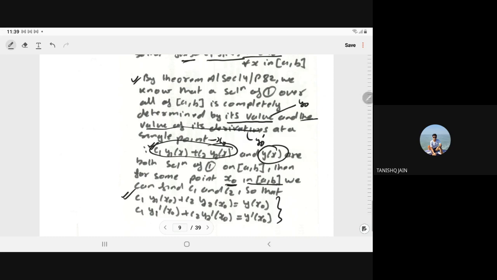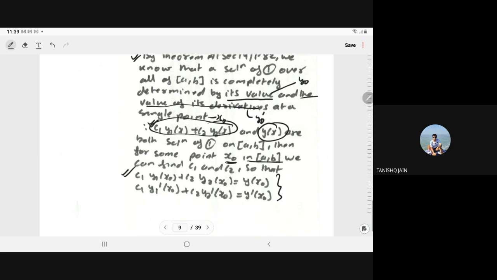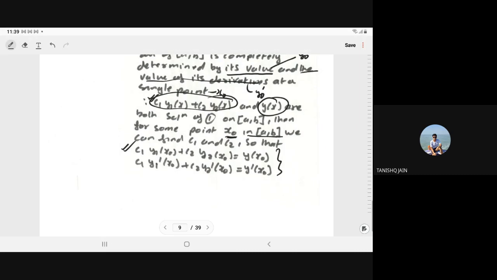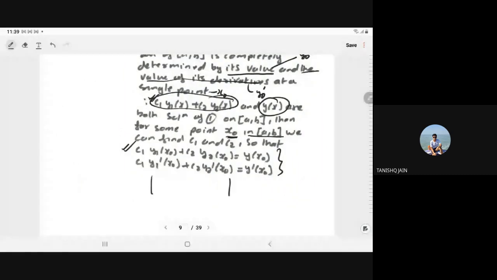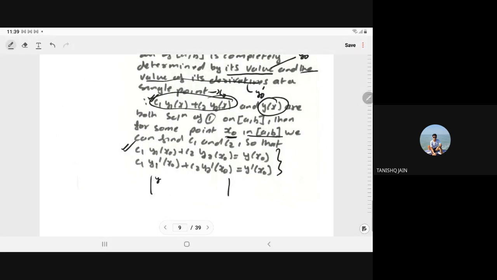So now for determining c1 and c2, when will the solution of these two equations exist? This is a system of equations with unknowns c1 and c2. By the matrix theory, the solution of the system of equations will exist when the determinant of y1, y2, y1 dash, y2 dash is non-zero.